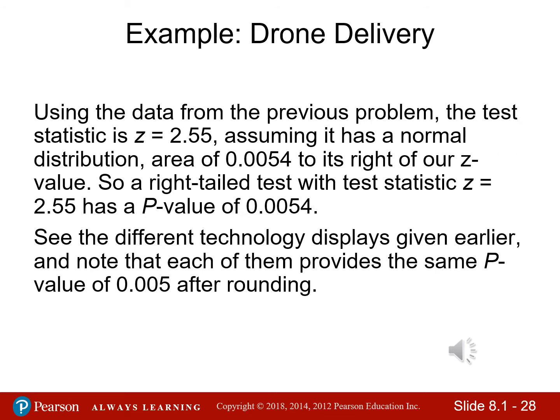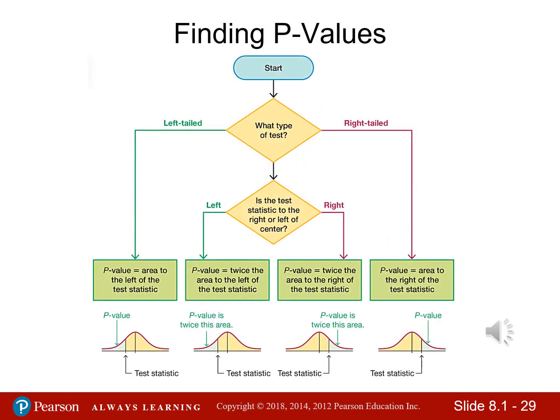Go back and review the different technology displays given earlier and note that each of them provides the same p-value of 0.005 after rounding. To find the p-value of the hypothesis test, we first want to find the area beyond the point of the test statistic.